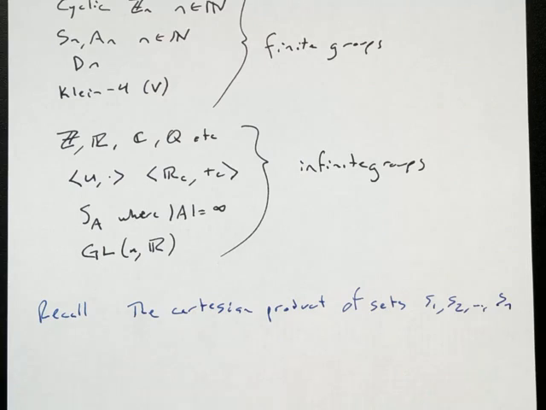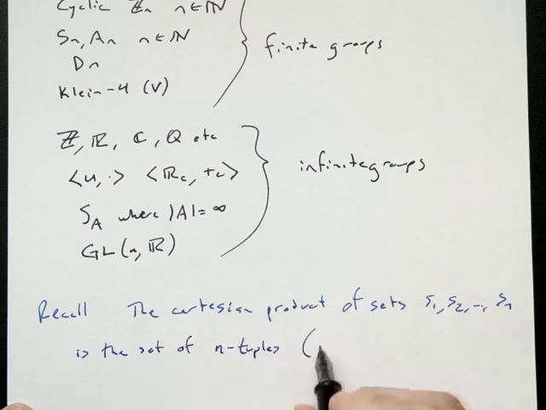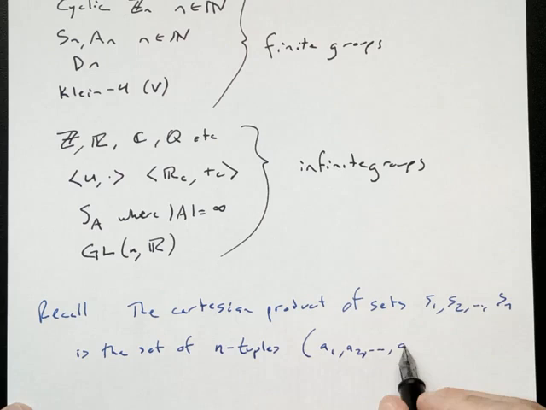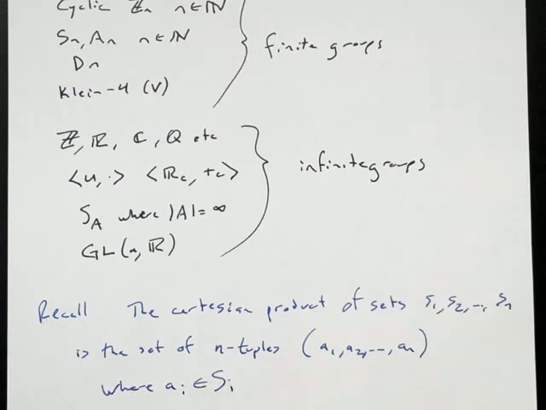The Cartesian product. The Cartesian product of a given pile of sets is a set of ordered however manys, ordered pairs, triples, quadruples, quintuples, n-tuples.